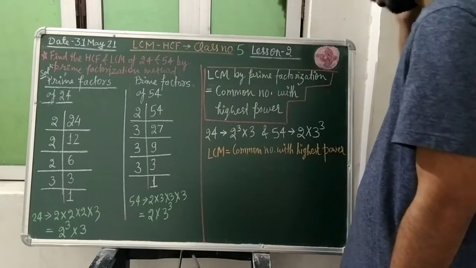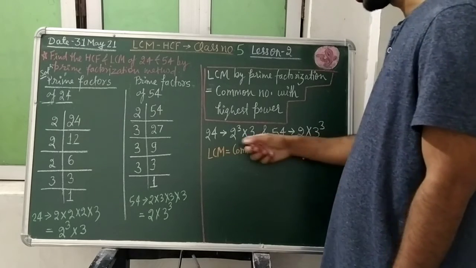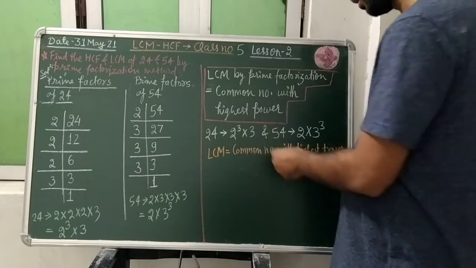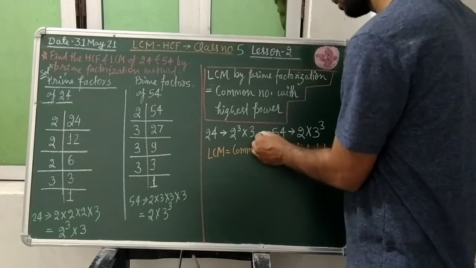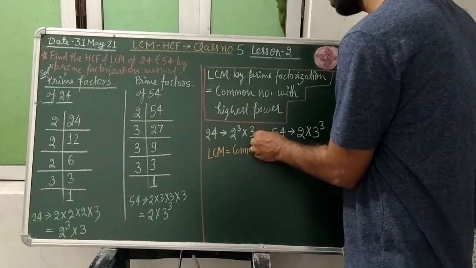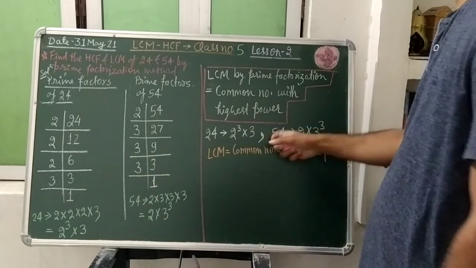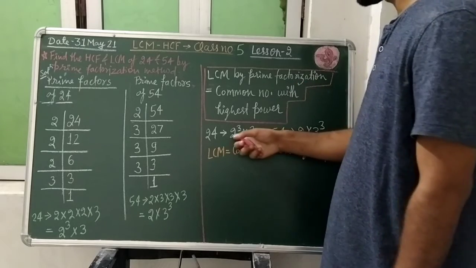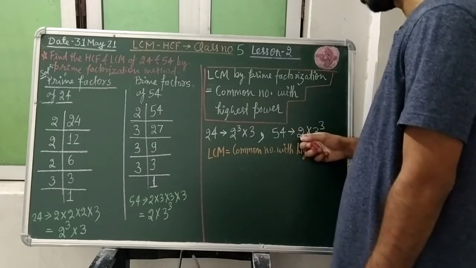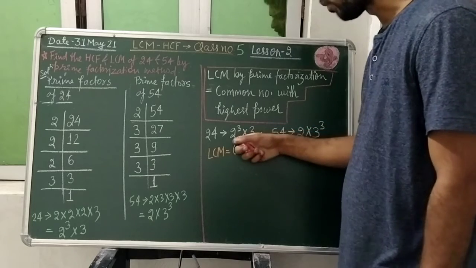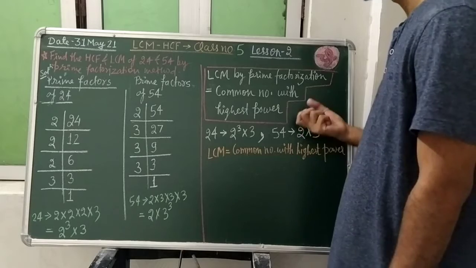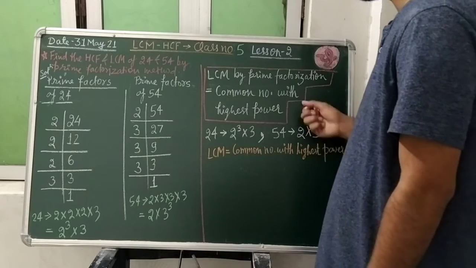So look students, here 2 is present and here also 2 is present. We are talking about these two numbers, 24 and 54. So what are the numbers which are common here? Here 2 is present, here also 2 is present. But here the power of 2 is what, students? 3. Here for the power of 2 nothing is written, so the power will be 1.